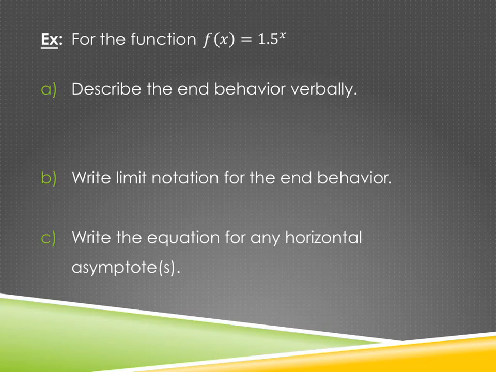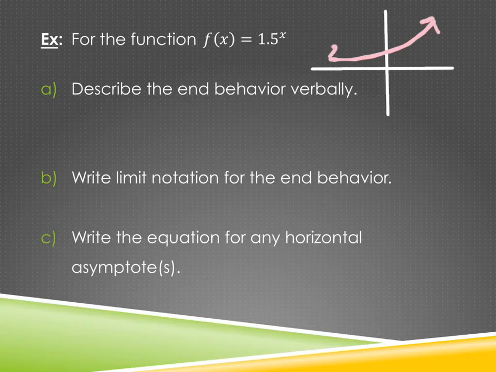So, as we're taking a look at this, how would you describe, actually let me sketch this graph before I turn it off. How would you describe this graph's end behavior verbally? What is it doing? We have two ends, the left-hand and the right-hand side, right?